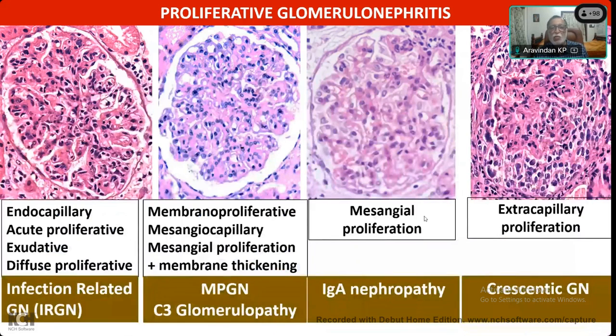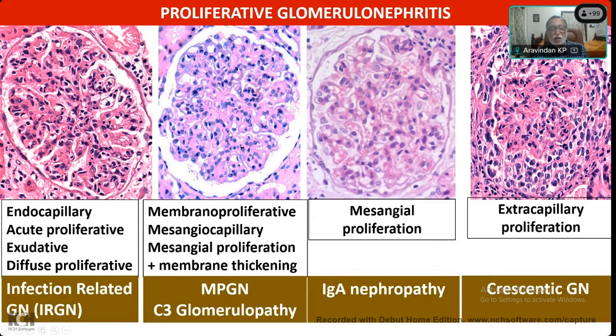So these are the various proliferative glomerulonephropathies. This is what is called an endocapillary, acute proliferative or exudative, which is usually secondary to streptococcal or staphylococcal infection, which produces antigen-antibody complexes getting deposited in the kidney.